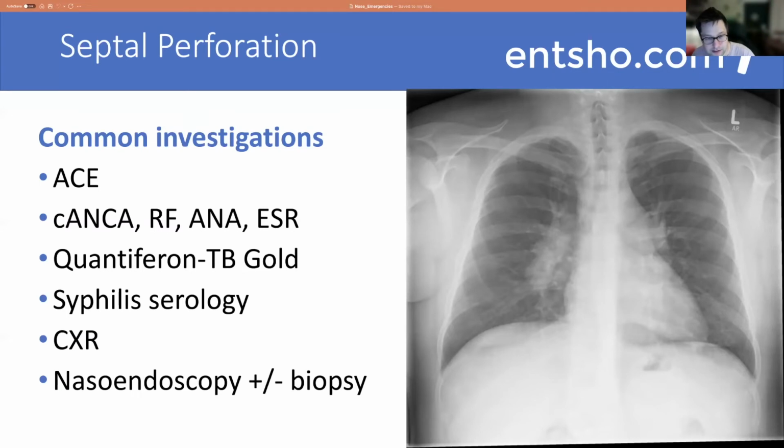Practice is very varied as to how to approach this, so you really want to tailor your investigations to the patient in front of you. But probably at a minimum, lots of people would consider doing a biopsy to exclude any malignant process and a vasculitic screen.